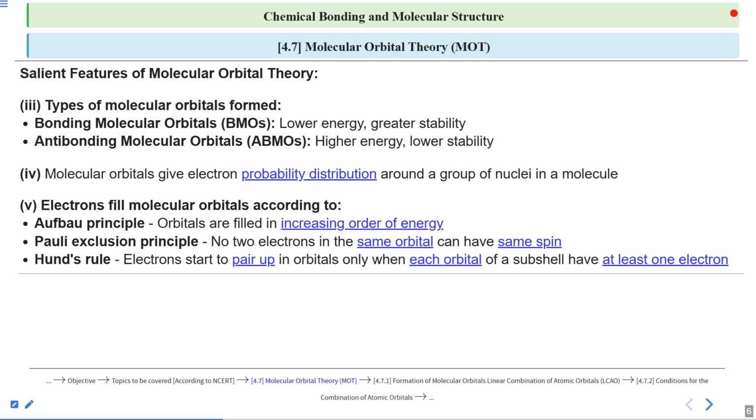Here also, once you are given a set of degenerate molecular orbitals which have the same energy, you will first fill each of these degenerate molecular orbitals singly, and then you will start to pair them up. It's very simple. We will see an example and I hope you will understand it very easily.